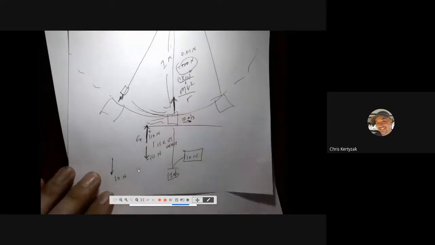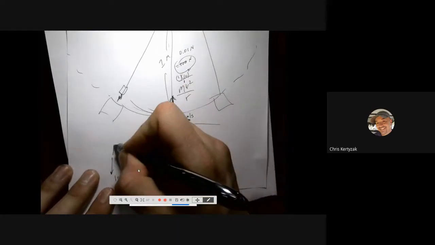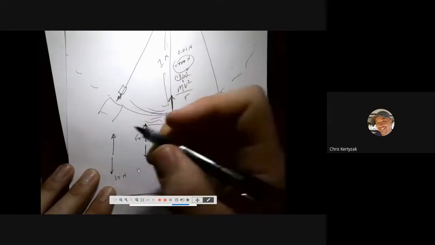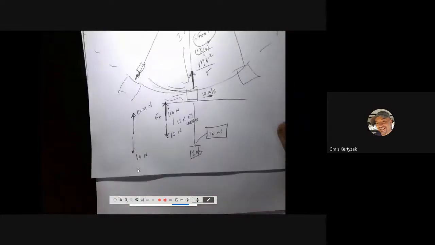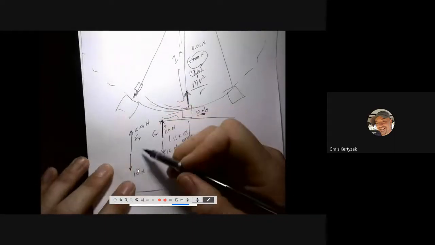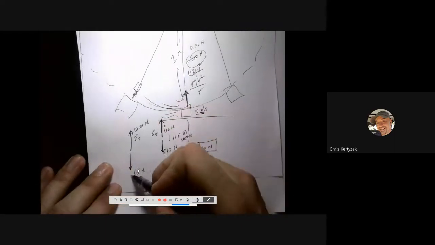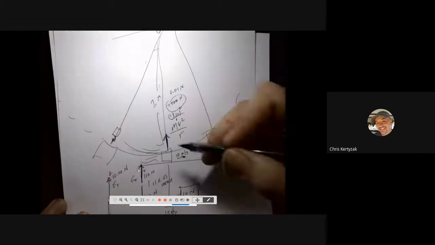Then you'd have to think, well, this has to be 10.01 newtons forward, right? The tension in the rope would have to be 10.01 newtons. So what would the net force be? This is like a minus, this is like a plus. The net force would be 0.01 newtons, and we'll be good, right?